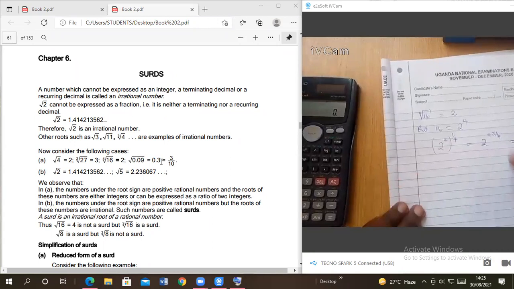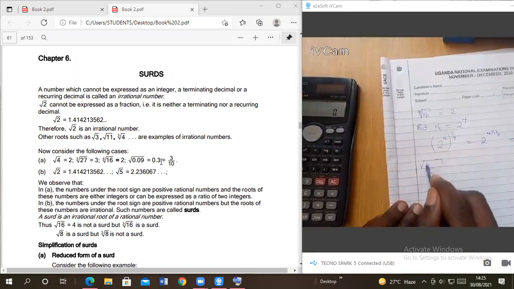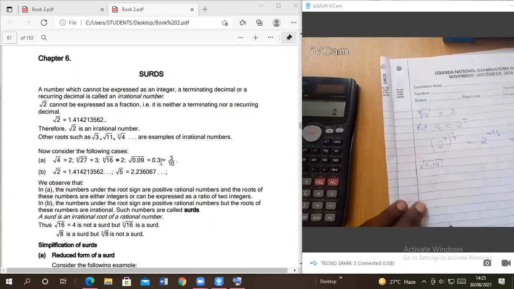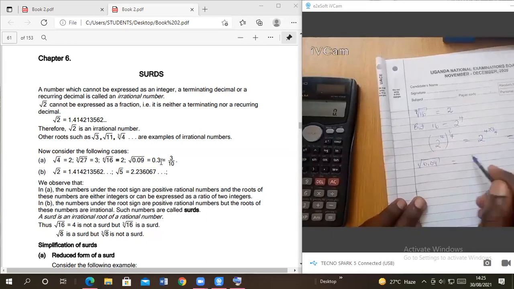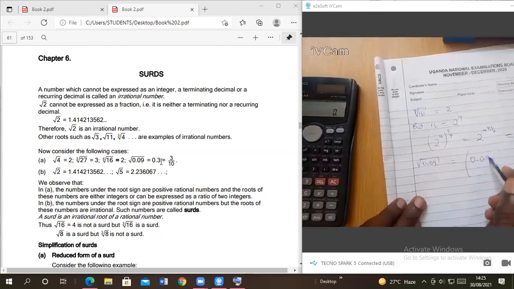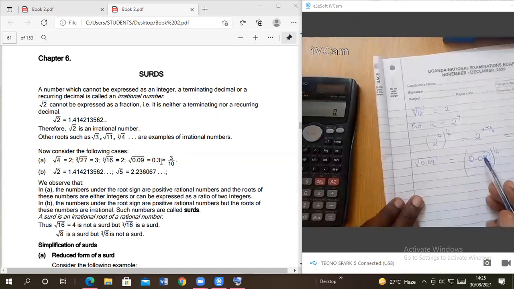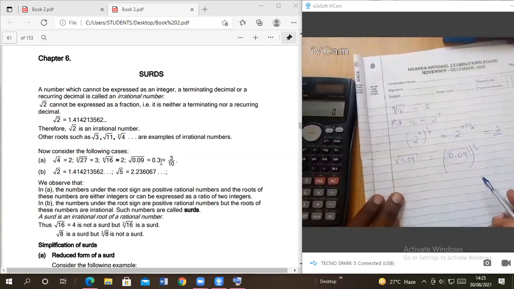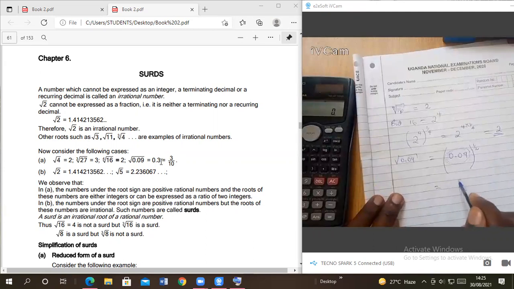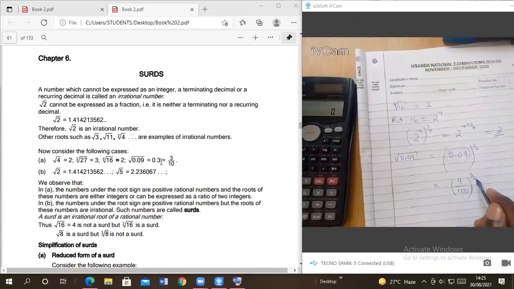Then we also have root of 0.09. We know the square root is the same as a half, so I can say 0.09 again raised to the power a half. But this number can be expressed as a fraction, not so? When you express that as a fraction, it is the same as 9 out of 100, to the power half.